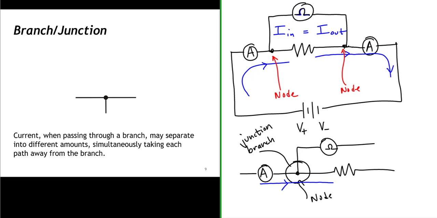But as soon as we put that third component, the current is able to branch, able to take two different paths. Because it's able to take two different paths, the amount of current on either path may be different. So the current in the lower path through the resistor may be different than the current through the upper path through the ohmmeter.